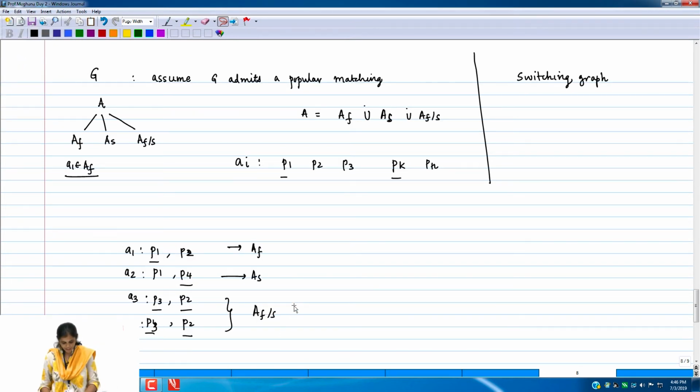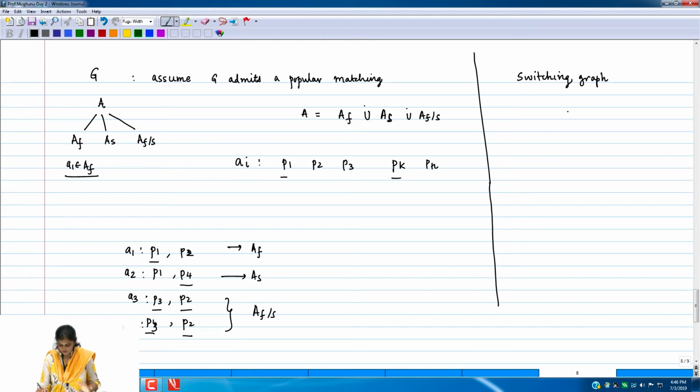So we will say what the switching graph is, and it's a very nice tool. This switching graph is a graph constructed only on the posts. So we will have the vertices as the posts in the original instance.